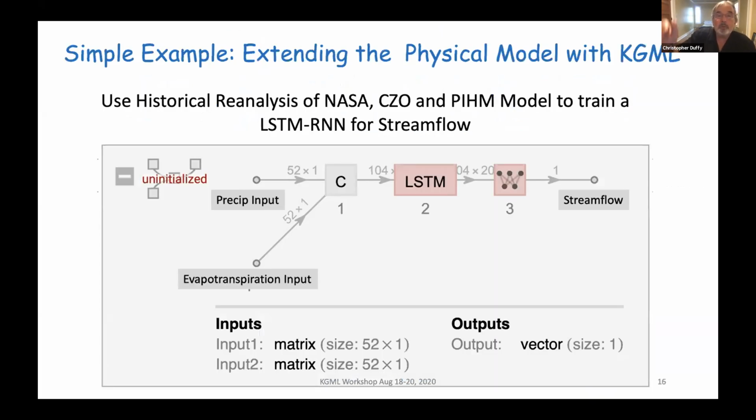So the simple model of extending this strategy, here's just an elementary LSTM that we tried with 2 inputs, precipitation and evaporation. The idea here is to see whether or not the machine learning tools can learn from the historical data as well as the reanalysis data.